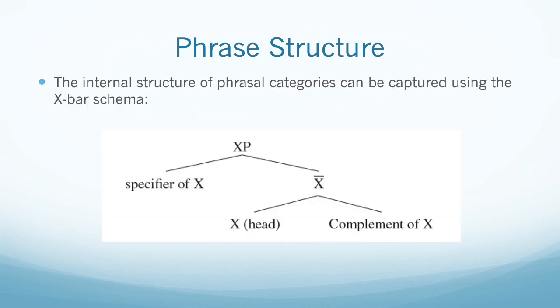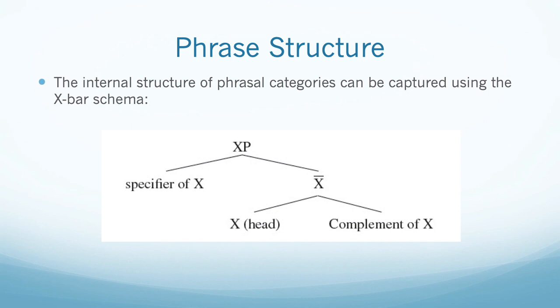And so to generalize, using X as a variable ranging over all possible heads of a phrase, every phrase has the internal structure shown here, called the X-bar schema. We start with some type of phrase.